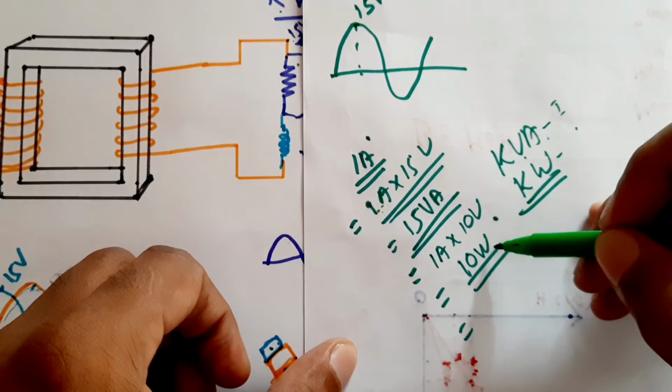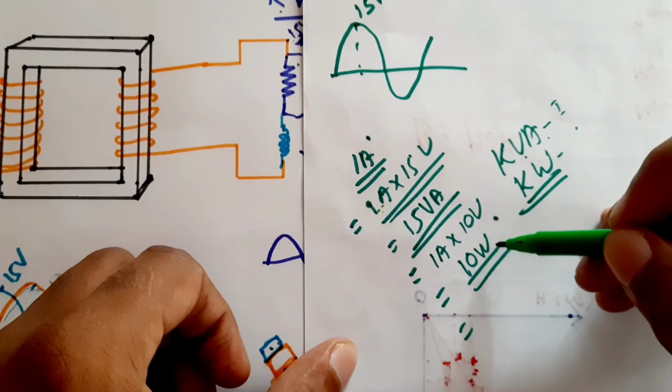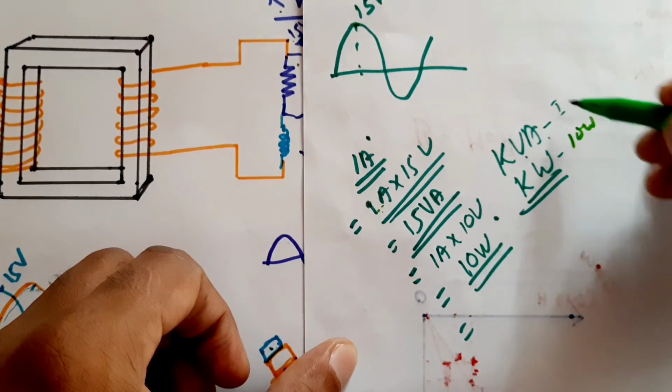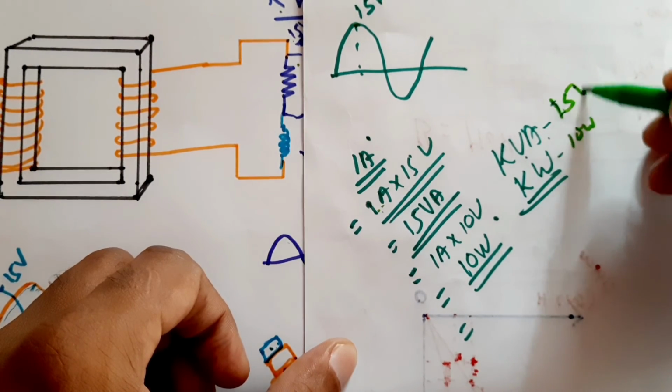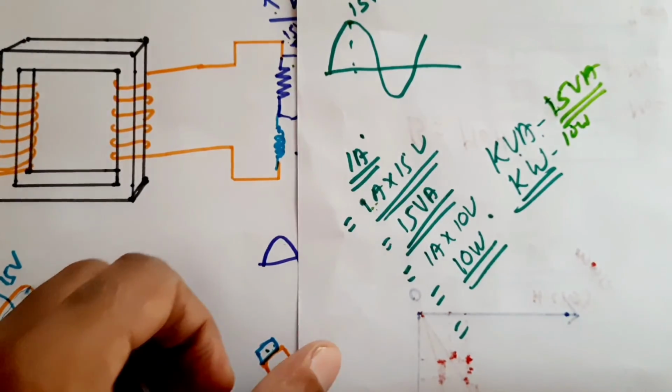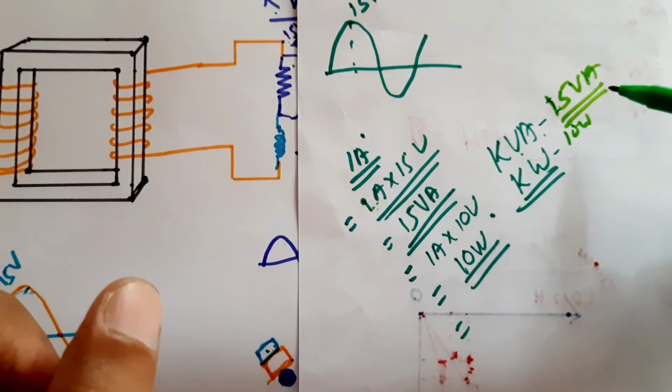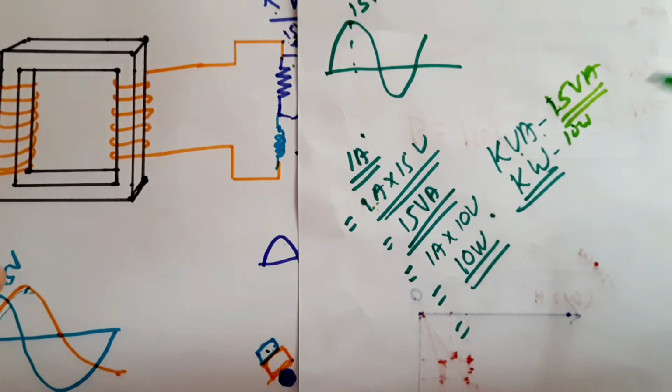This energy is not fully dissipative. Only a part of the energy is dissipative, that is, 10 watt is dissipative out of the 15 VA. The transformer has to supply it all. That is why we rate the transformer in kVA.